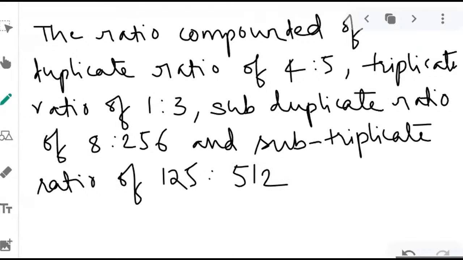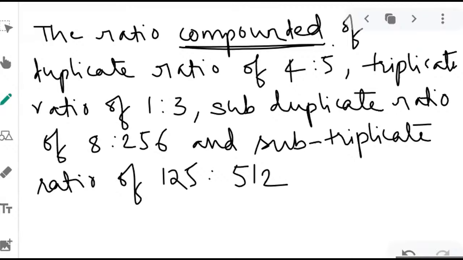Right? So what part didn't you understand in this? The compounded part? Mamta? Yes, ma'am. Rest all we have done, right?